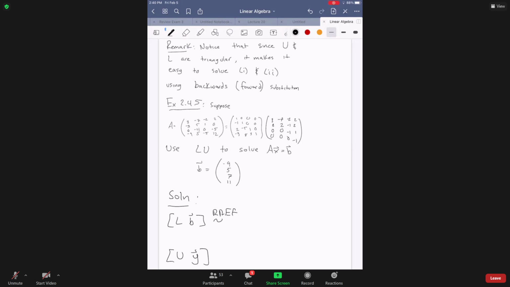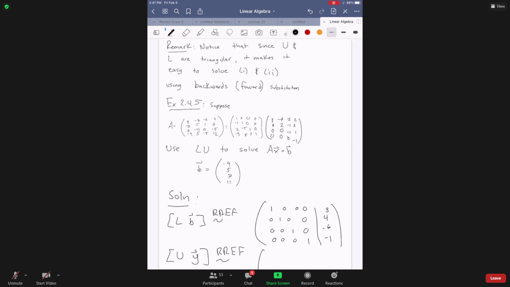And if you RREF this with the adjoined matrix, you get 1, 0, 0, 0, 0, 1, 0, 0, 0, 0, 1, 0, 0, 0, 0, 1, and then you get 3, 4, -6, and so on.